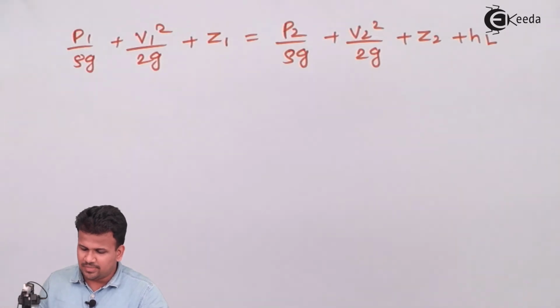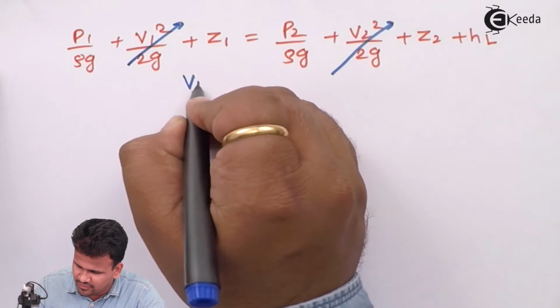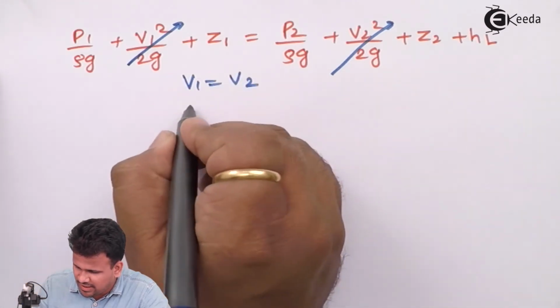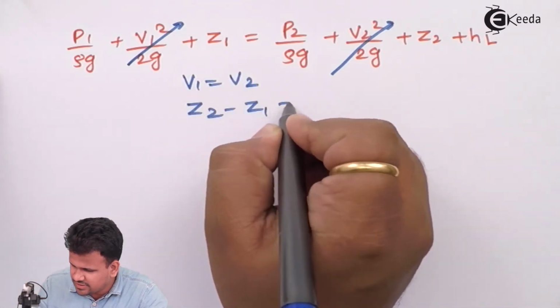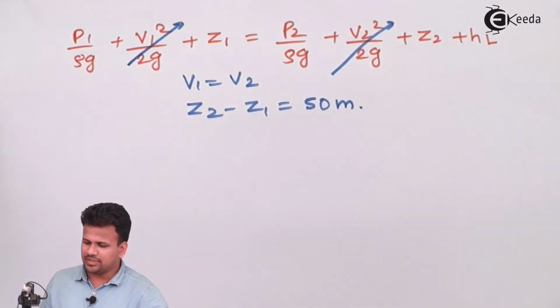Since the diameter is constant, V1 and V2 will be the same. The value of Z2 minus Z1 is equal to 50 meters, which we have already calculated.